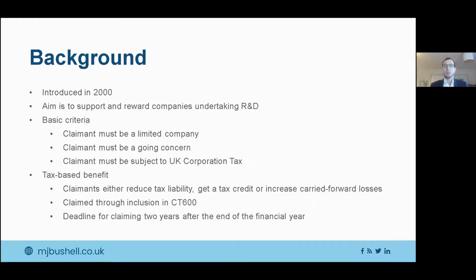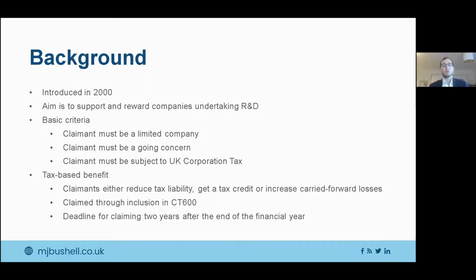So some of the basic criteria that you need in order to be eligible is you have to be a limited company, you have to be a going concern, and you have to be subject to UK corporation tax. If you meet those first basic criteria, then you're going to be eligible for R&D, depending on if you're carrying out qualifying R&D projects, which we'll move on to in a moment.